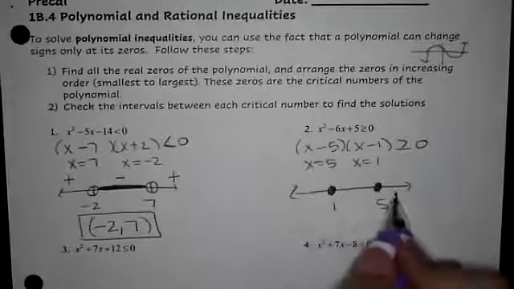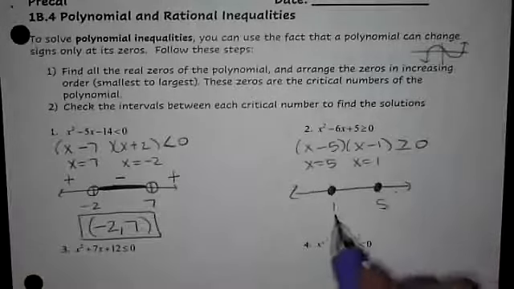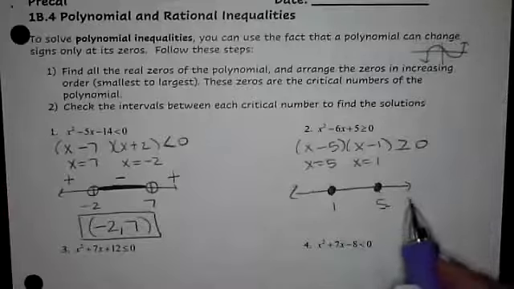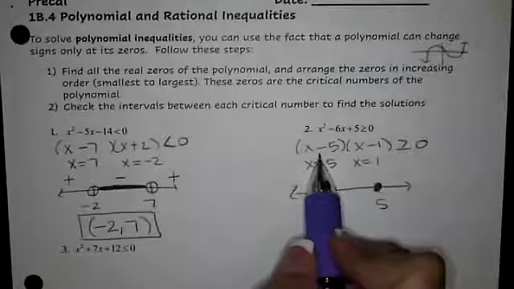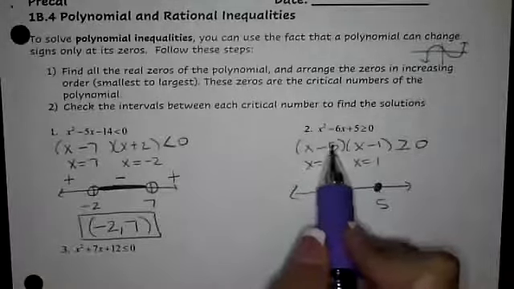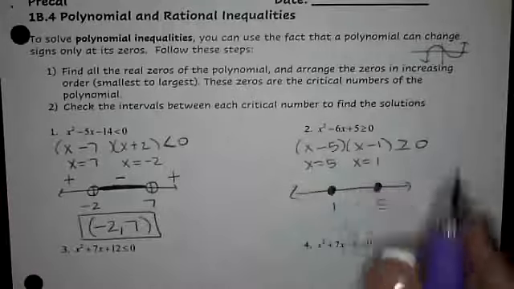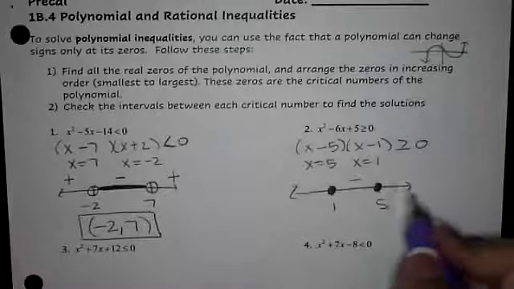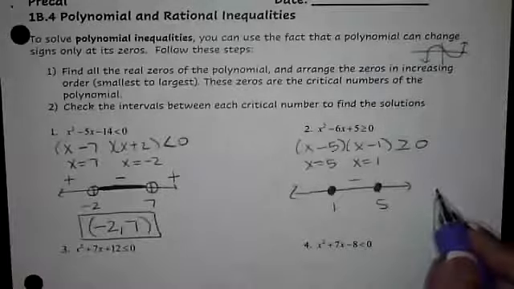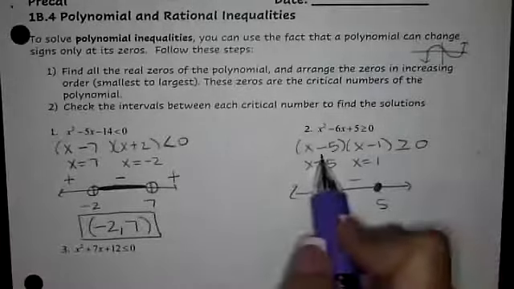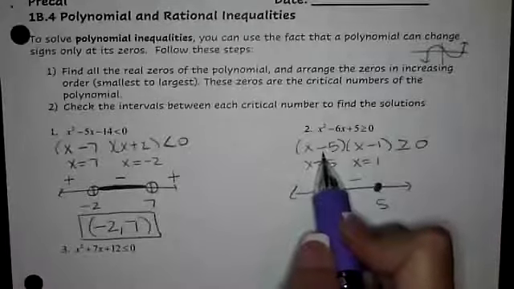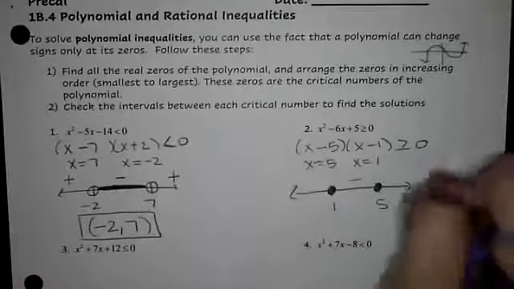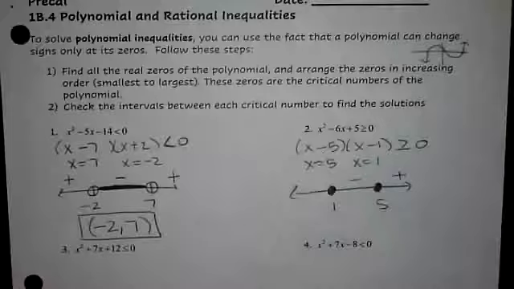Now we check our intervals. Between 1 and 5, we can find 3. If I plugged in 3 here, this would be negative times a positive, which is a negative. If I picked a value greater than 5, so for example, 10, I plug that in here, and that gives me a positive times a positive, which is a positive.